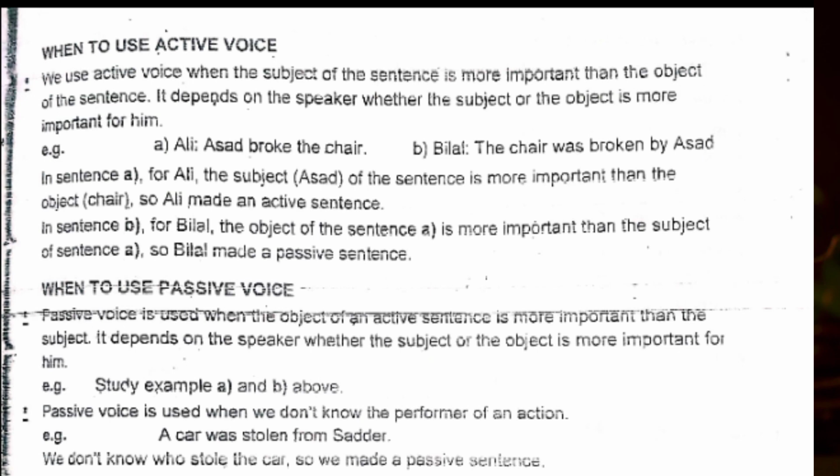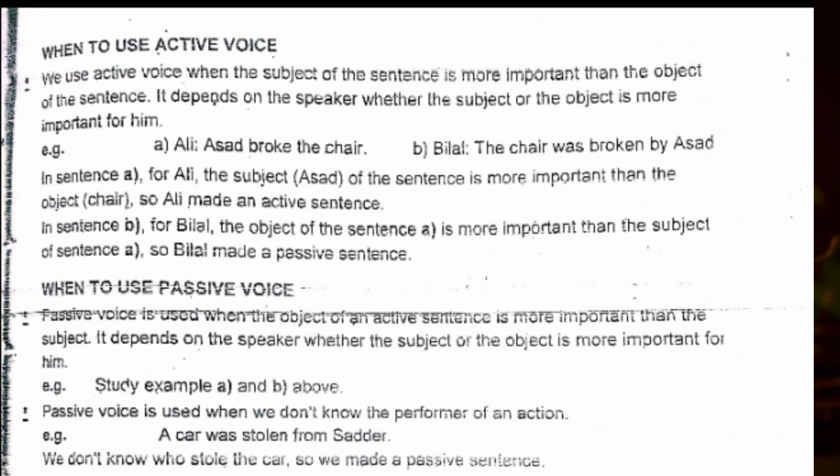for Ali, the subject Asad of the sentence is more important than the object chair. So Ali made an active sentence. In sentence B, for Bilal, the object of sentence A is more important than the subject of sentence A. So Bilal made a passive sentence.